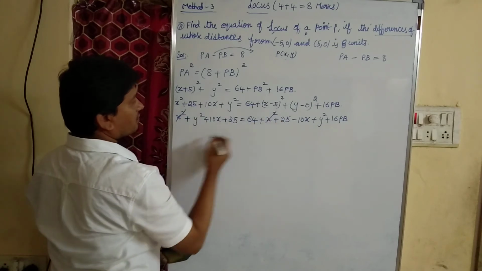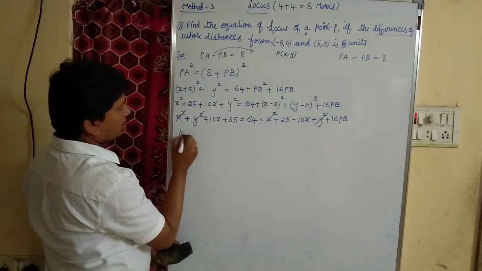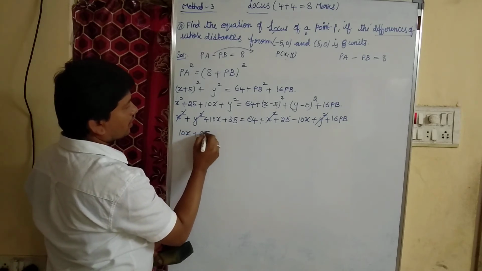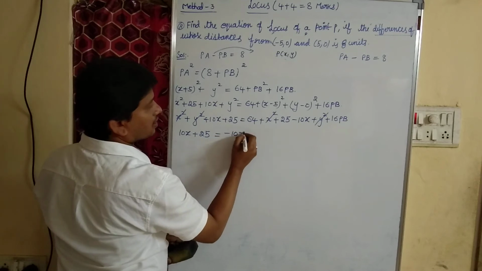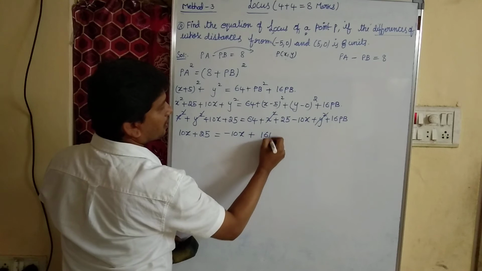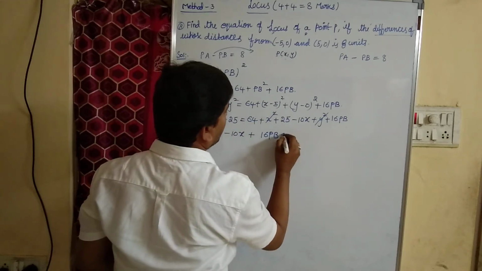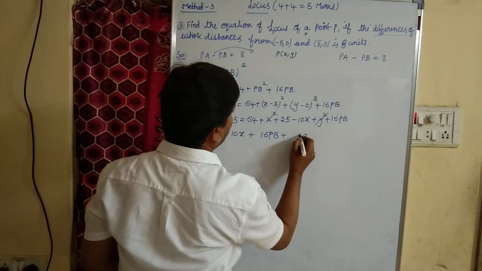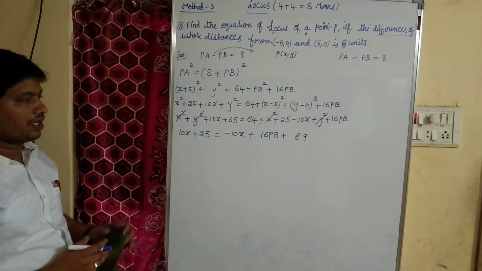The x square and y square cancel. So 10x plus 25 equals minus 10x plus 16 PB plus 64 plus 25, which is 89.